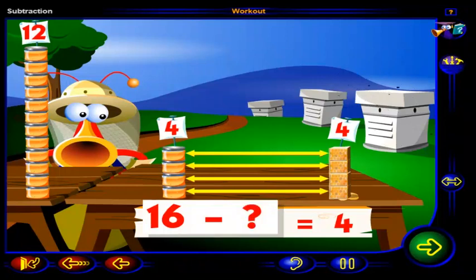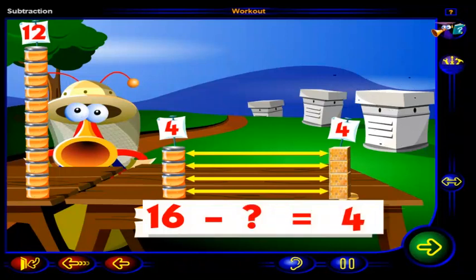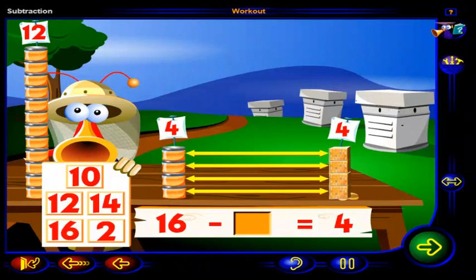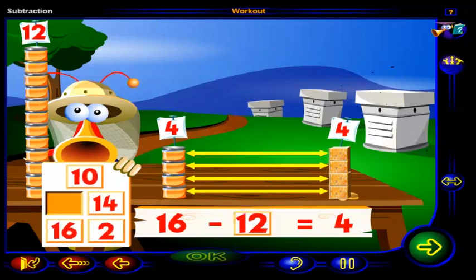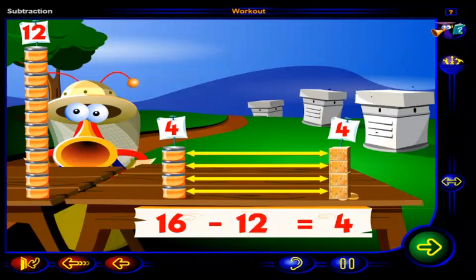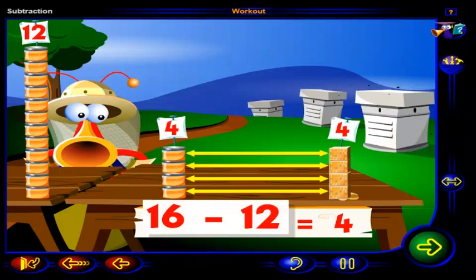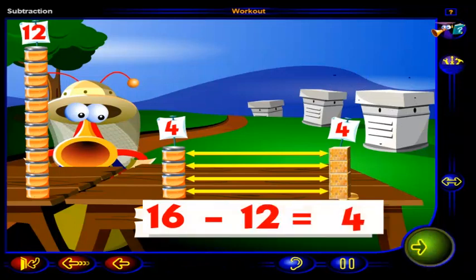16 minus what number equals 4? Drag the number here and click OK when you're done. That's it. 16 minus 12 equals 4.